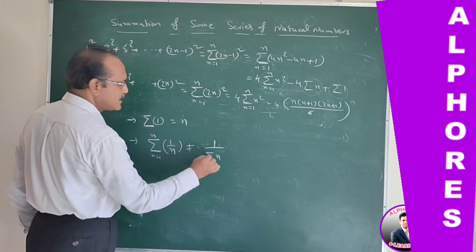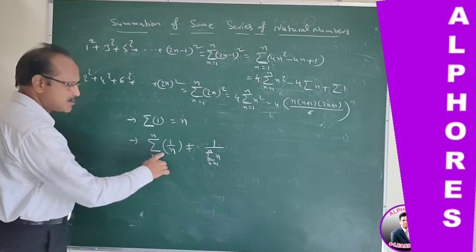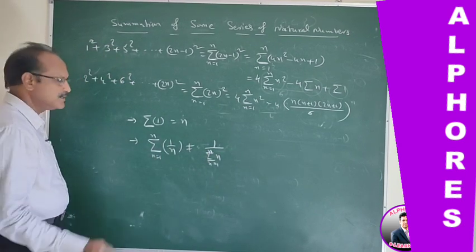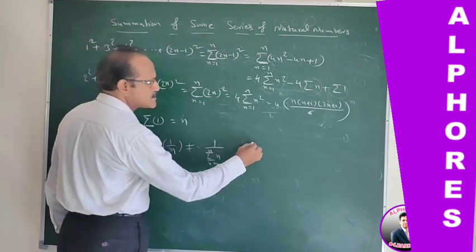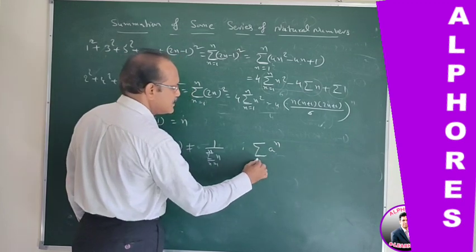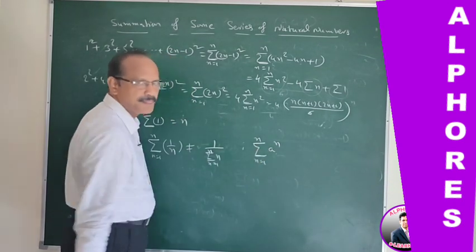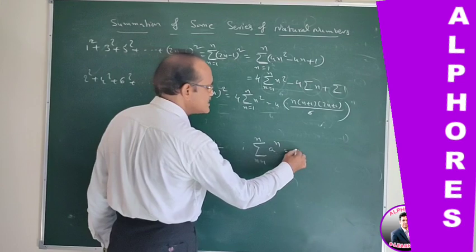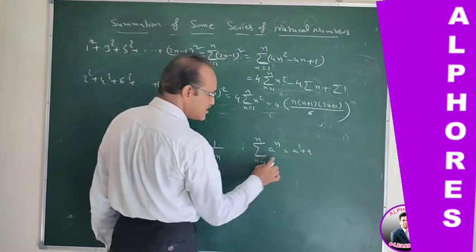So don't write like this. It is not possible. In a similar manner, another sigma property. Suppose sigma of a power n, n is equal to 1 to n. Actually, this notation is a power 1 plus a power 2 and so on. Sigma means summation.